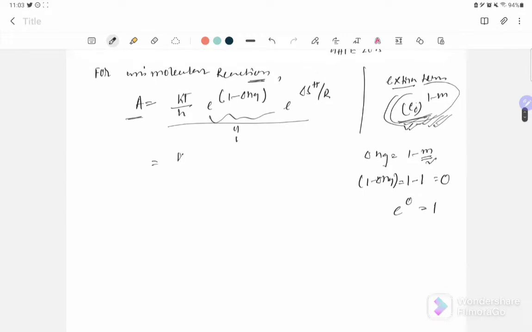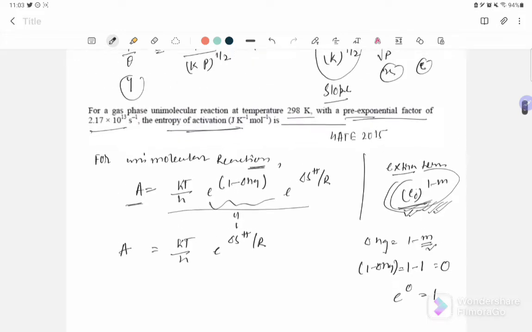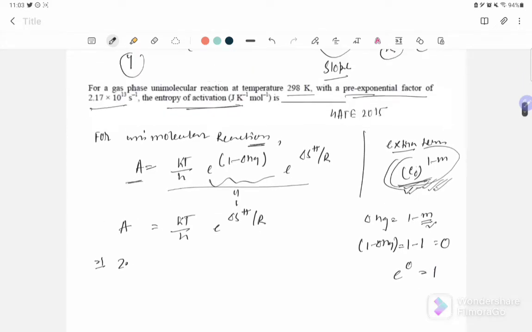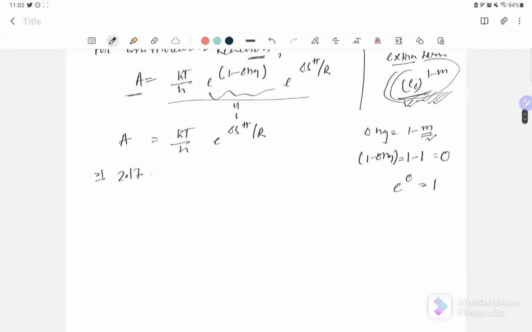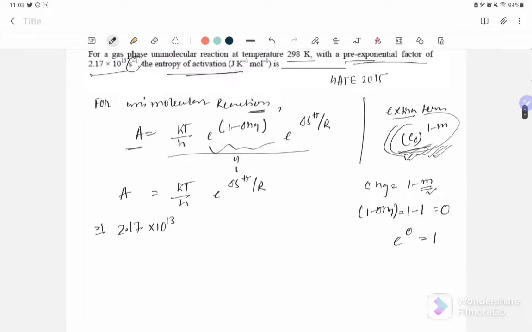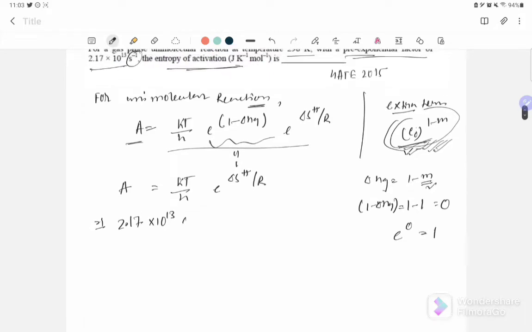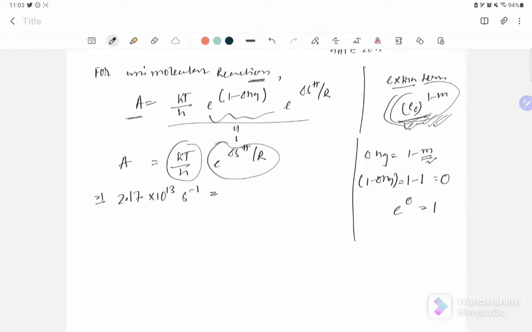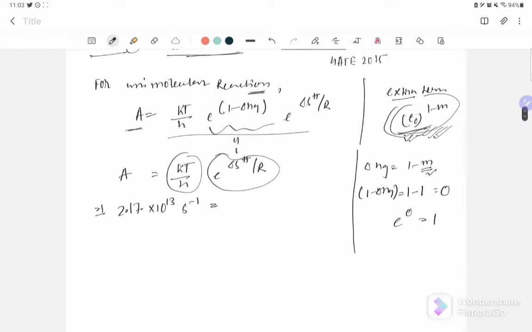So we have A equal to kT by h e to the power ΔS by R. Here A is 2.17 into 10 to the power 13. You have to maintain the unit also, so second inverse. Because this term is unitless, kT by h has to have the same unit as A, second inverse.